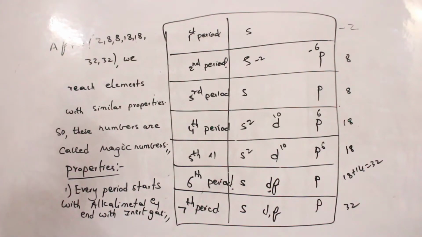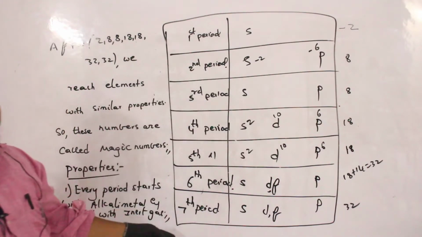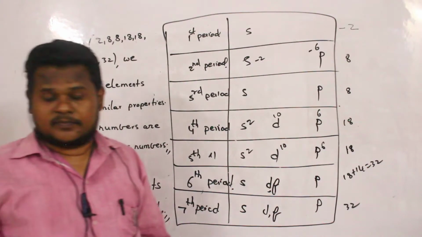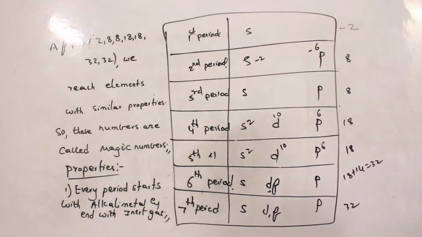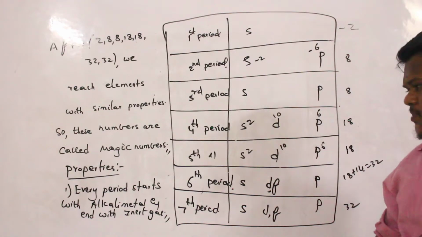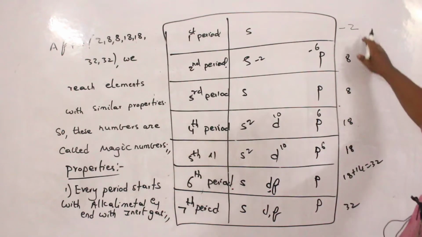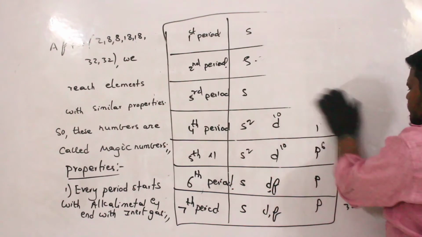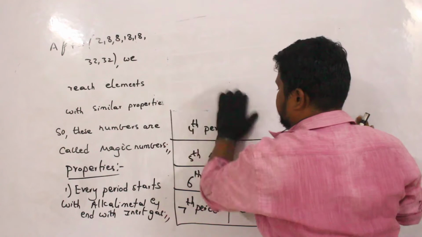How many periods do we have totally? 7 periods. Every period starts with an alkali metal: lithium, sodium, potassium, rubidium, cesium and francium. And every period ends with an inert gas. So this is the first property of the modern periodic table. Then some more properties we will write down. Tomorrow we will draw this modern periodic table and discuss the remaining characteristics.